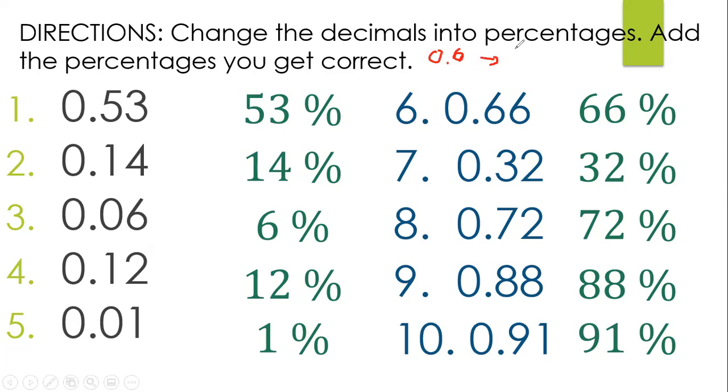We will move the decimal point ng dalawang beses to the right. 1, 2. Wala siyang katabing digit, so we will just add 0. So 0.6 in decimal is 60% kapag kinonvert sa percentage.